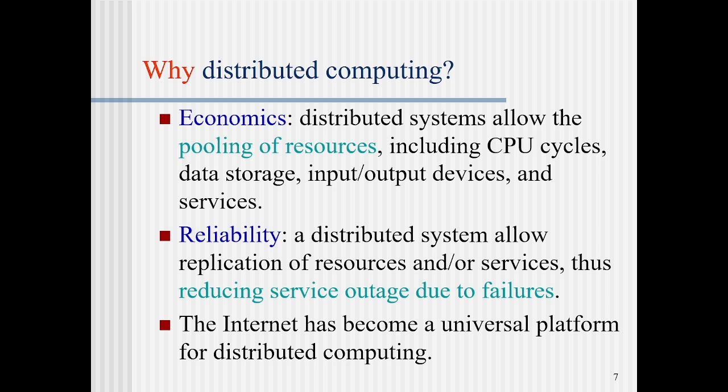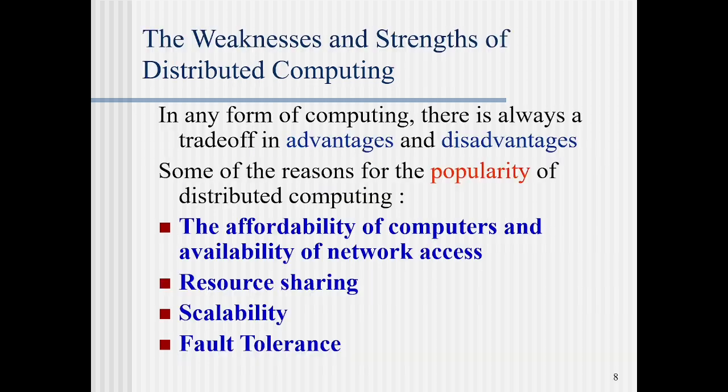Then reliability. A distributed system allows the replication of resources and services, thus reducing service outage due to failures. The internet has become the universal platform of distributed computing. Now the strengths and weaknesses of distributed computing.